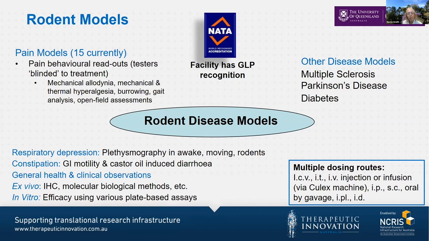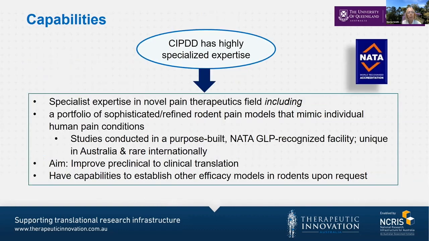We have a very large number of dosing routes that we can do, but the most popular are intraperitoneal, subcutaneous, and oral dosing by gavage.